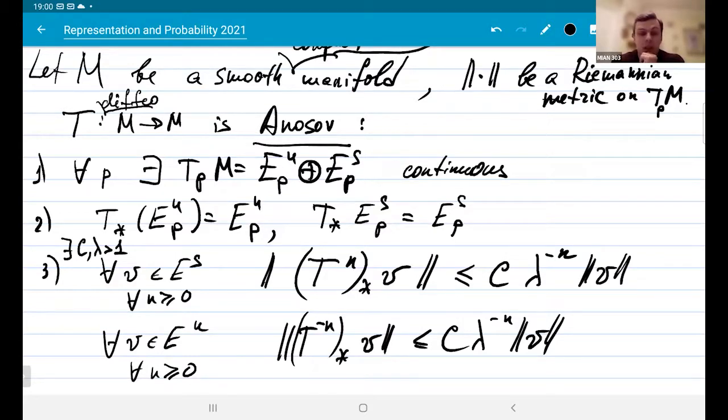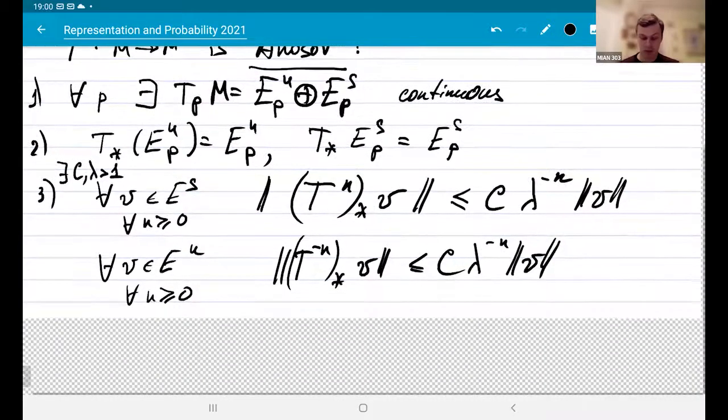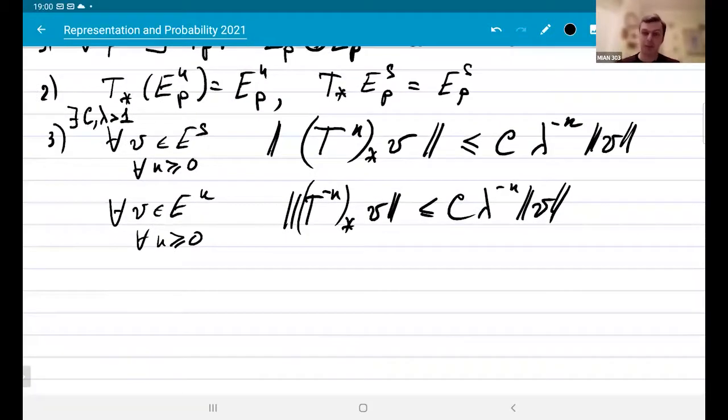But in fact, one can prove that this definition can be restated in a way that is robust under this perturbation.